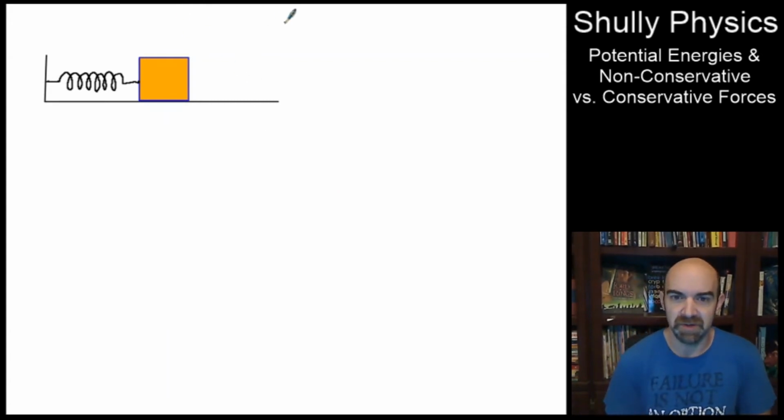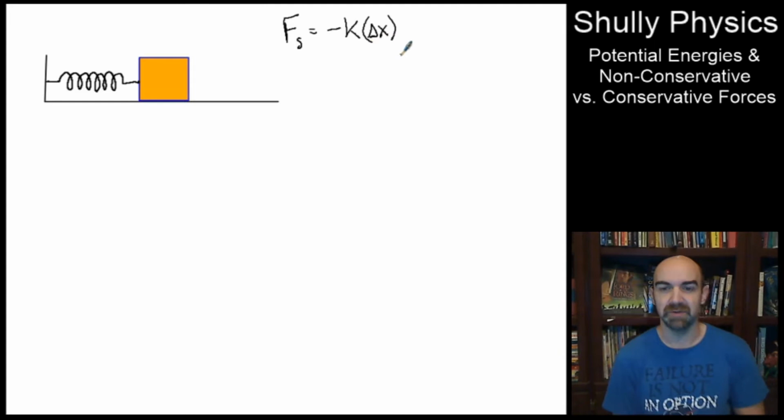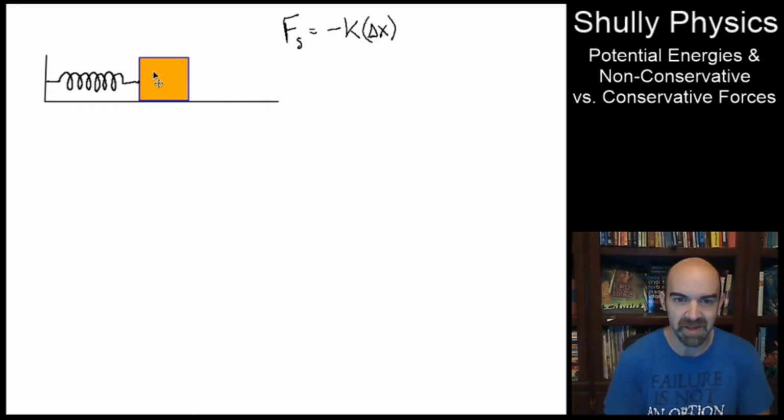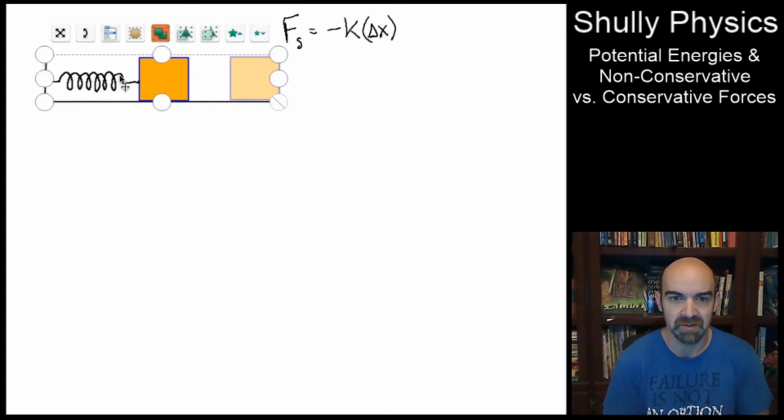Just as a reminder, the spring force, according to Hooke's law, is negative k times the elongation of that spring. We called it the spring displacement. So as I pull the object, this mass here, to the right, the spring elongates.